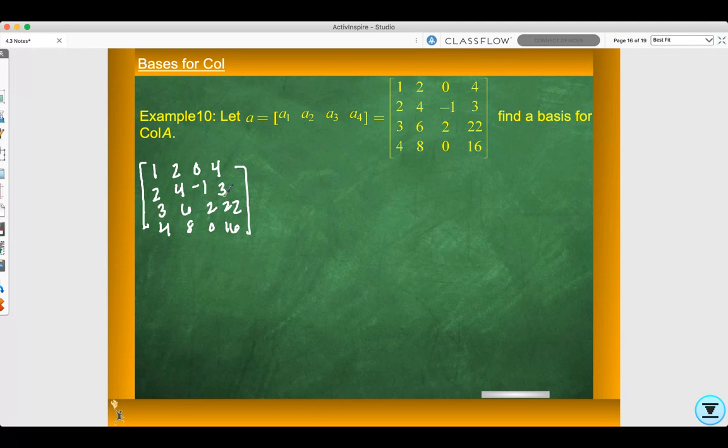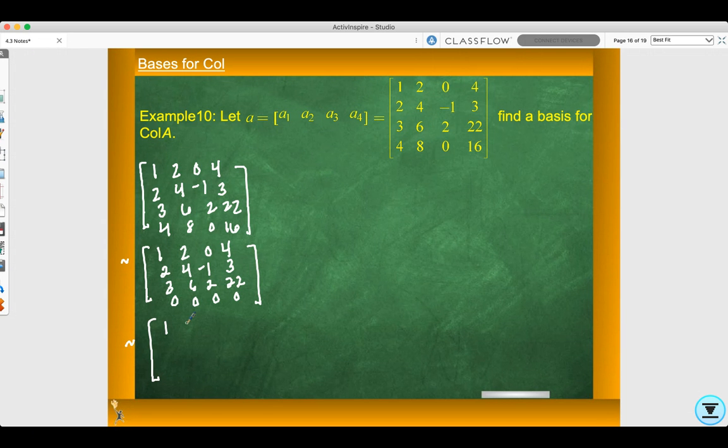So the first thing I'm going to do is I notice if I multiply my first row by -4 and add it to my last row, that zeroes out my last row. Next, I notice if I take -3 row 1 and add it to row 3, I can zero out 3 and 6.